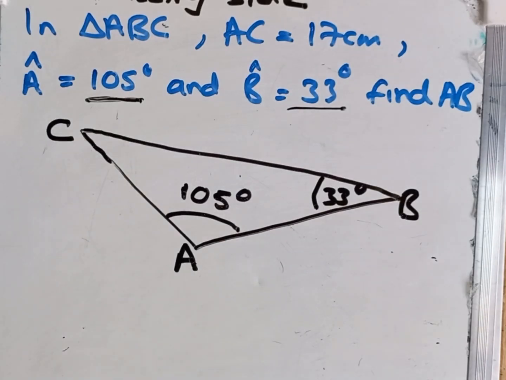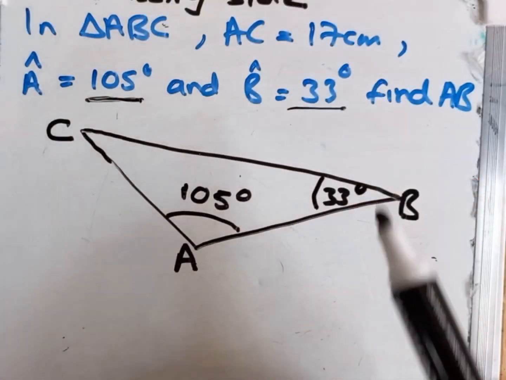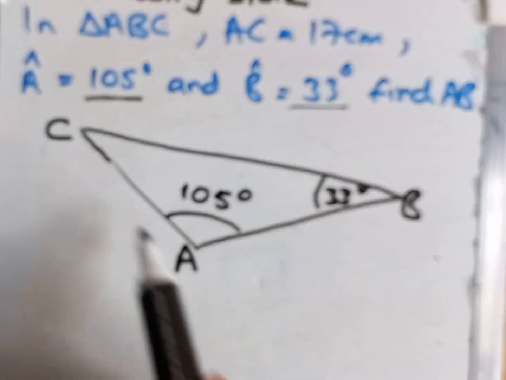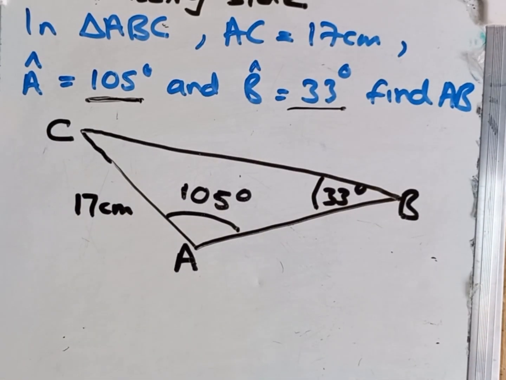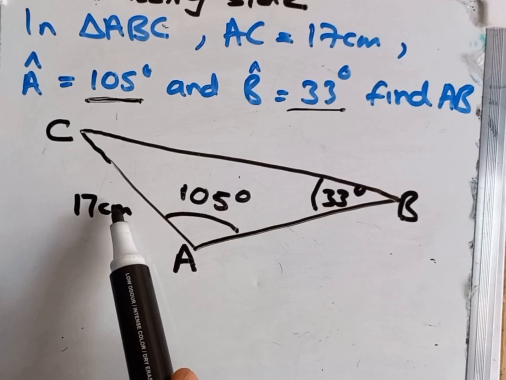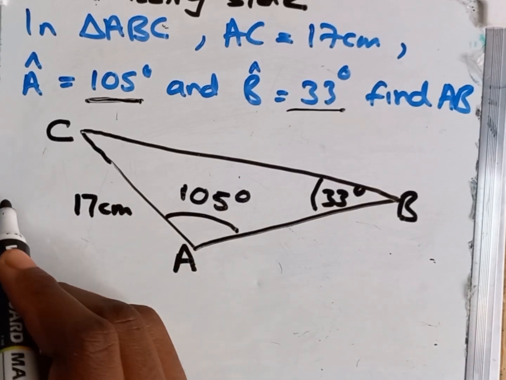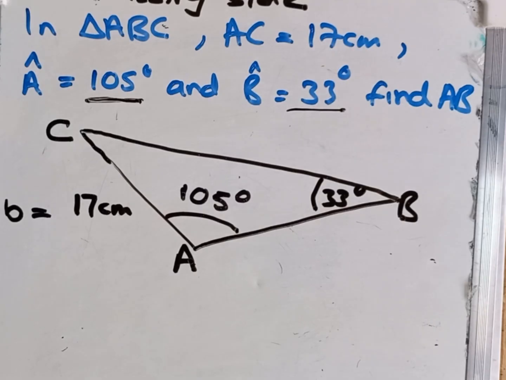All right, so meanwhile we are going to write our AC. Our AC is 17 centimeters. By the way, what is AC? In terms of the small letters, it's opposite to B. So our AC, small letter b, is equal to 17 centimeters.